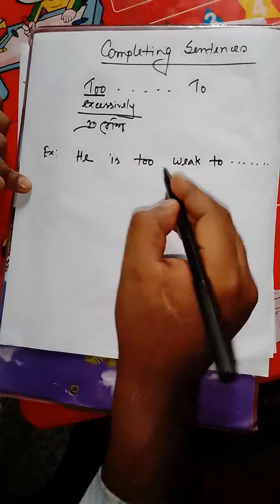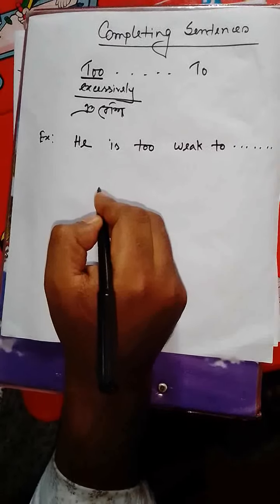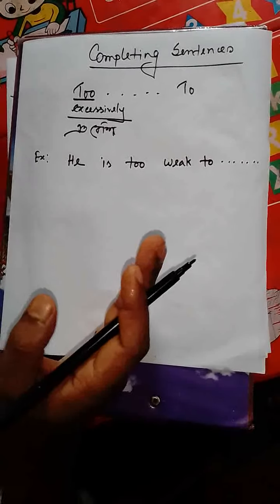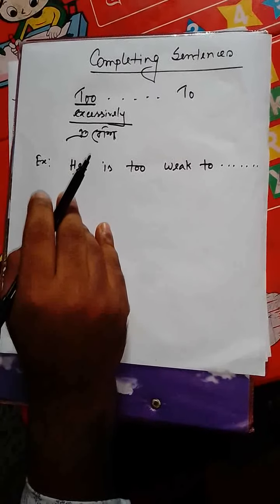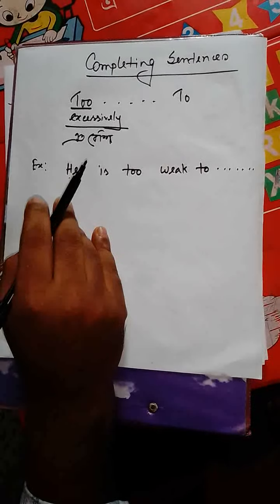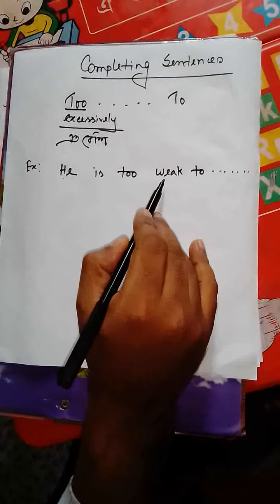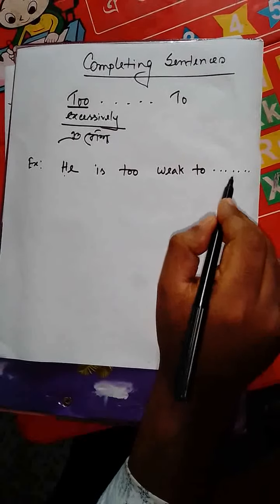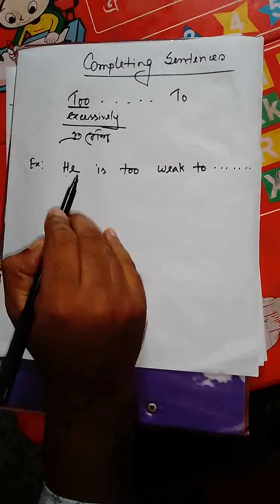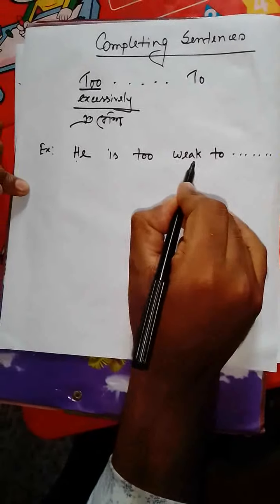He is too weak means he is very much weak, he is excessively weak. It will give a negative meaning that the subject of the sentence is unable to do a certain action because of being excessively weak. Whatever you will have to do is to write down only the action verb that this subject is unable to do because of being too weak.